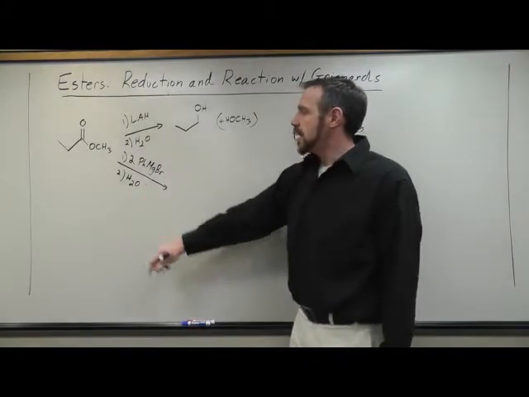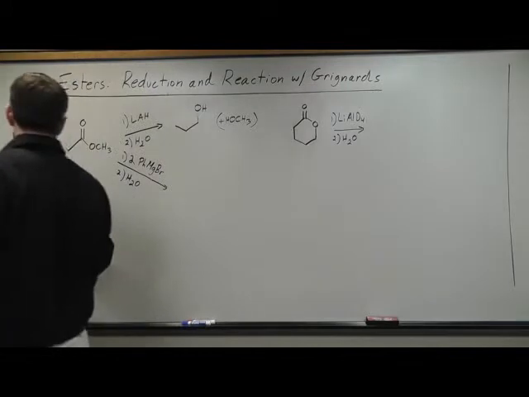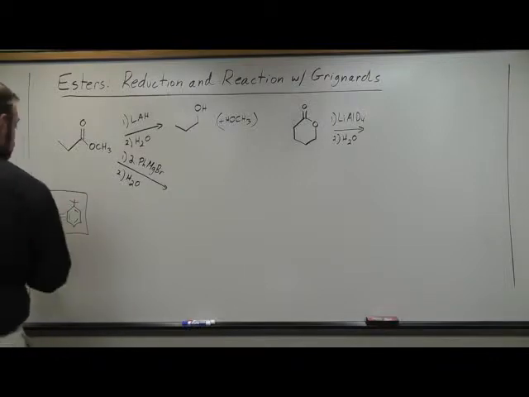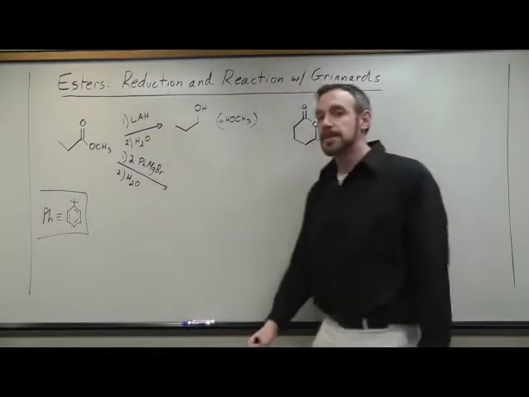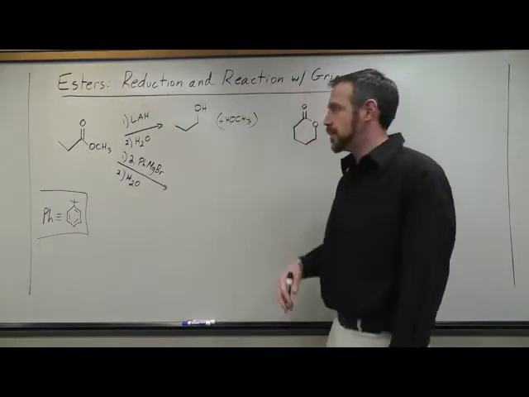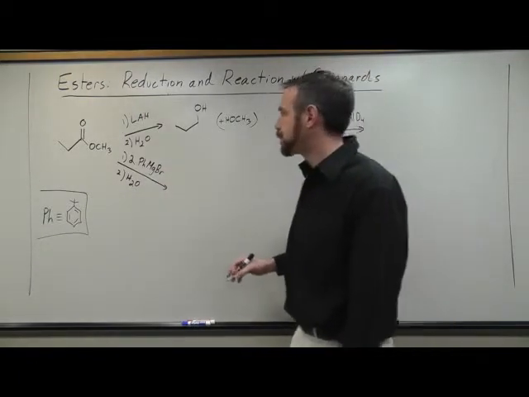In a Grignard reaction here with phenyl magnesium bromide, remember that the abbreviation Ph just stands for a benzene ring. You'll see this, especially in this reagent, time and time again.